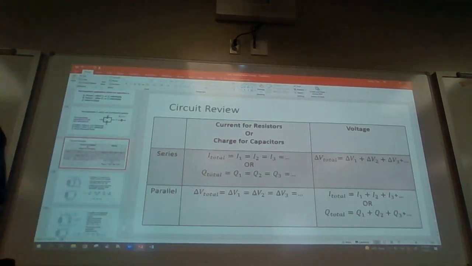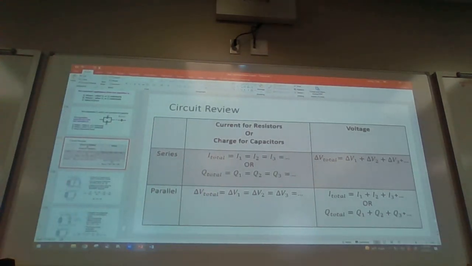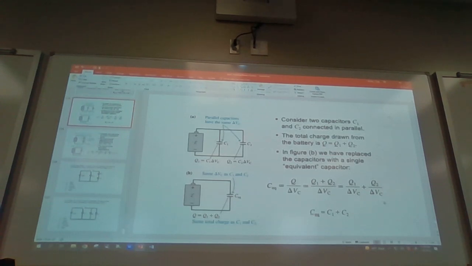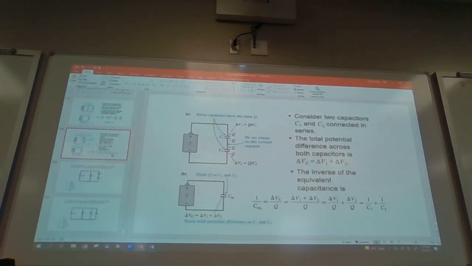And so using that, we find this expression. For parallel capacitors, you add capacitance up to find the total equivalent capacitance, but in series, you end up doing the 1 over C, just like for total resistance in parallel.